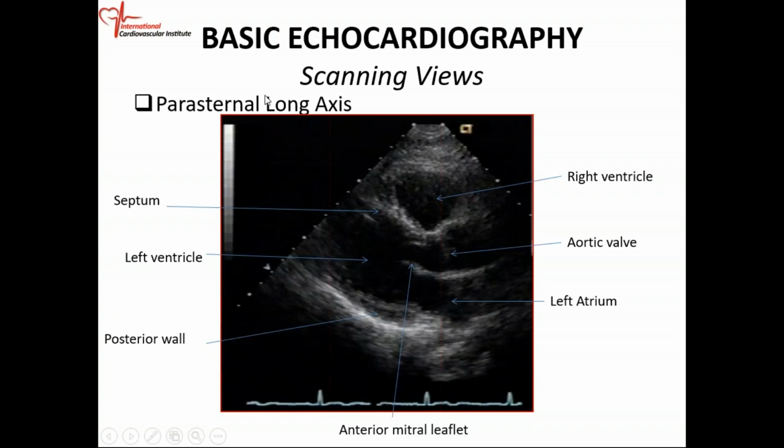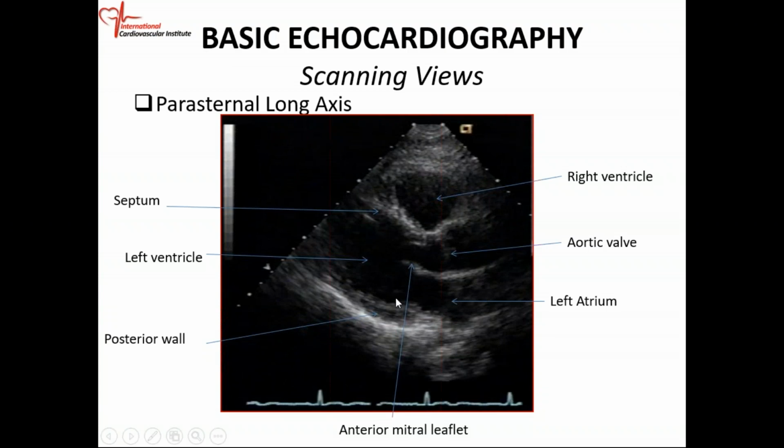Again, the transducer is positioned in the left third or fourth intercostal space. The marker is toward the patient's right shoulder. You adjust the probe, and this is the image you're going to see in diastole.